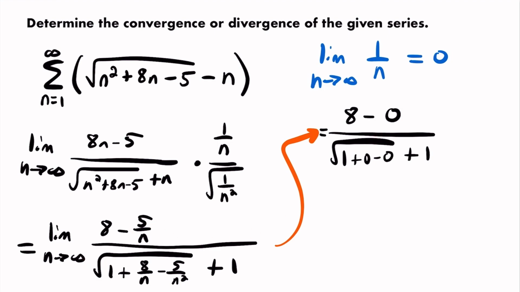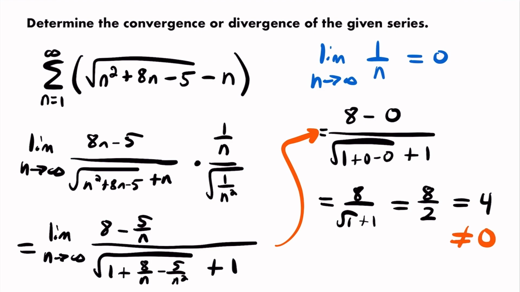All right, now to simplify, 8 minus 0 is 8. So this is equal to 8 divided by the square root of 1 plus 0 minus 0. So we have the square root of 1 plus 1. The square root of 1 is 1, so we have 1 plus 1, which is 2. So this is equal to 8 divided by 2, which is equal to 4. And 4 is not equal to 0, right? 4 is bigger than 0.